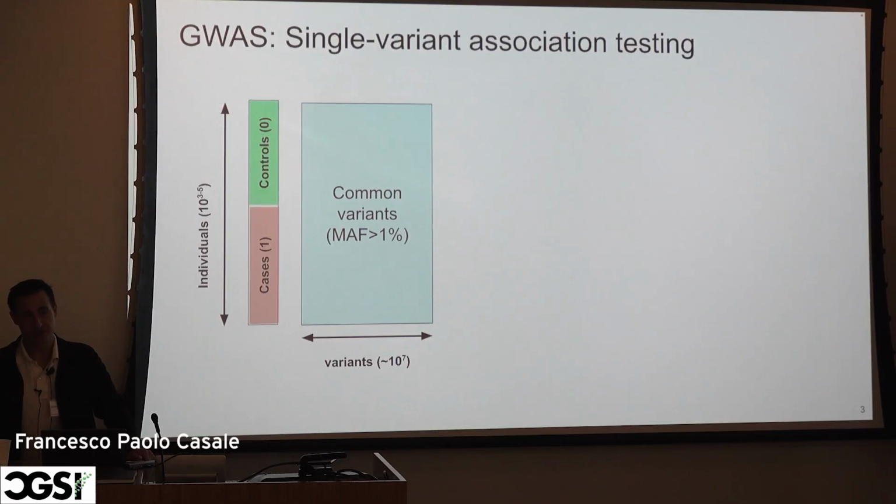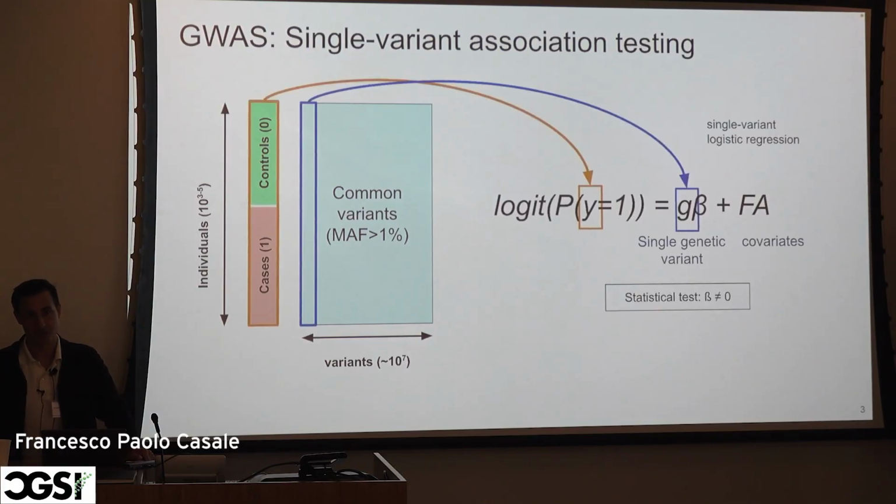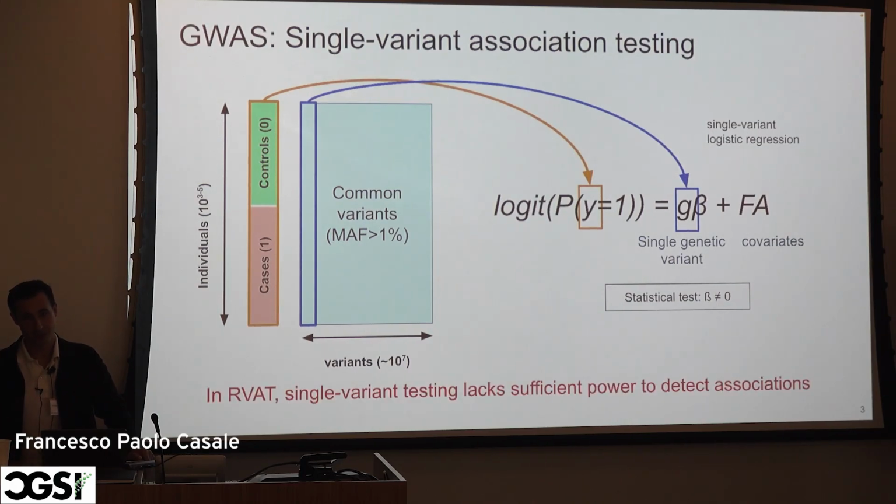While in GWAS we can do single variant association testing, for example using a simple regression approach, in rare variants this is not really possible because of the low statistical power due to the rarity of these variants. Most of them only occur in a single individual in the whole biobank, even in large biobanks with hundreds of thousands of samples, or in few individuals. And so the test has very low, if not zero, power.